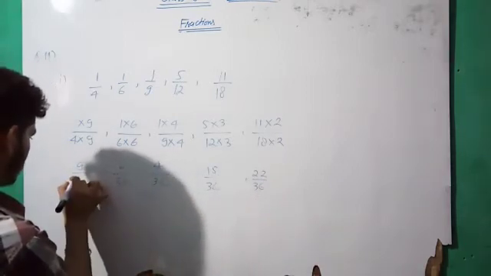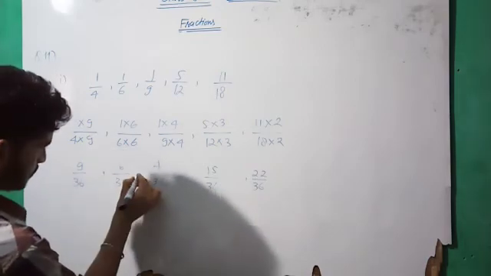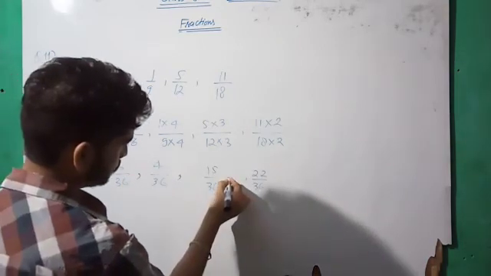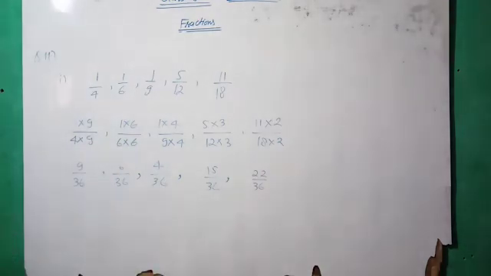Now we can compare the numbers easily, okay, by using the value of the numerator. Okay, question number 11. The conversion is very easy now, because you have to just convert the unlike fractions into like fractions by taking the LCM.